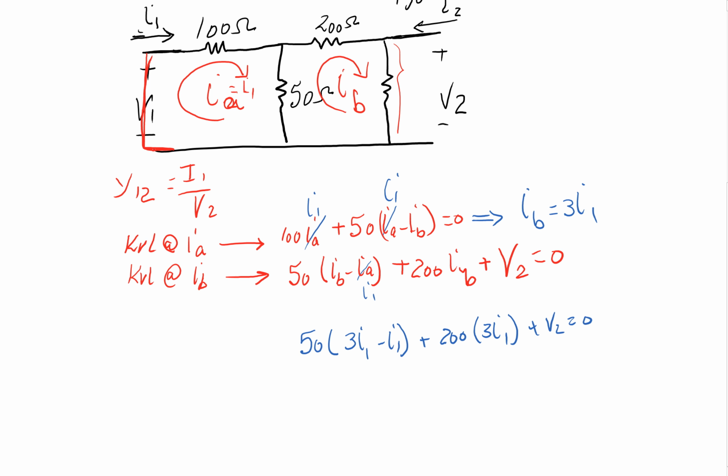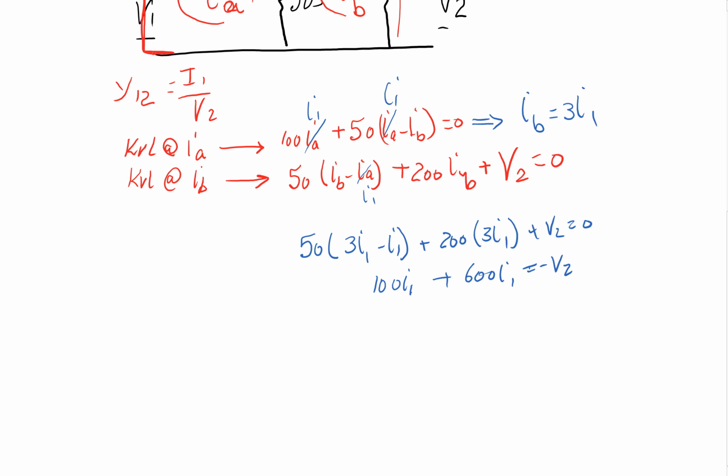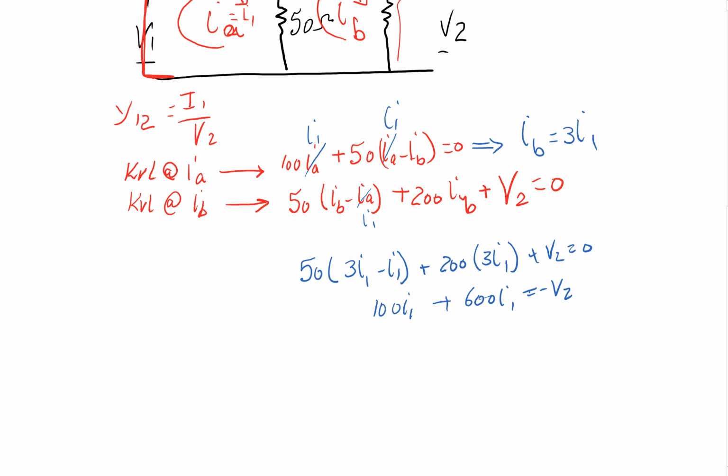Great. So we've got 2 I1 here, 2 times 50 is 100, so I've got 100 I1 out of here. I've got 600 I1 out of here, and a V2 on the other side. So if I'm looking for a parameter, I1 over V2 is equal to 1 over 700 with the minus sign.